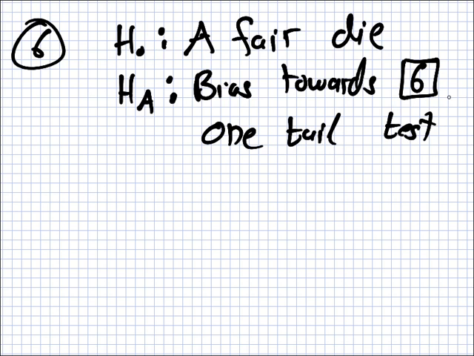Okay. What would it need to be two-tailed here? Just bias. Just that it's bias. Yeah. But bias towards 6 means that you're getting 6 more than you should. Two-tailed would be you're getting 6 more than you should, or the other extreme, less than you should.